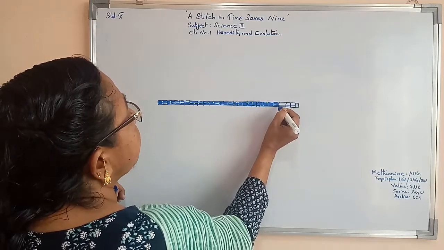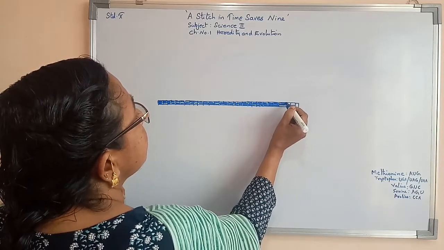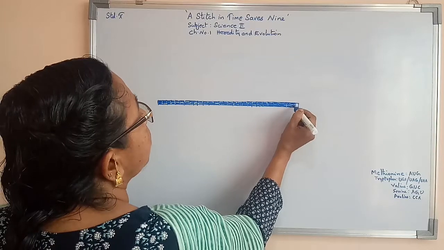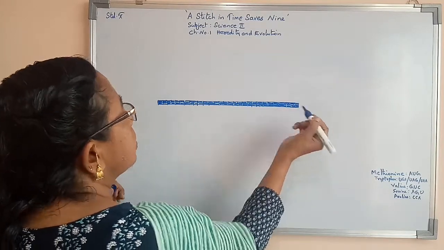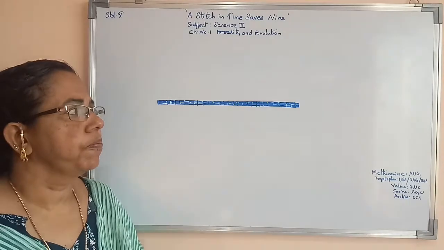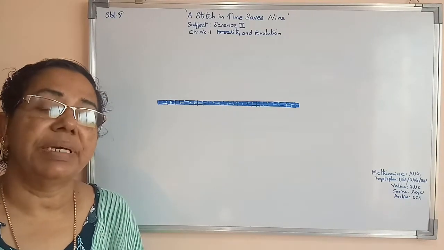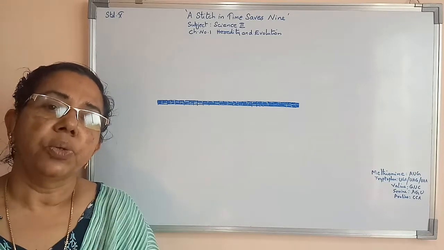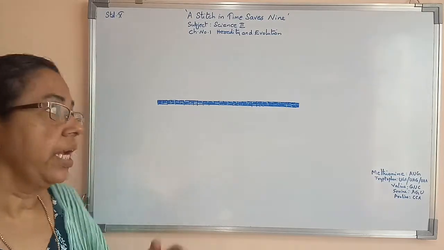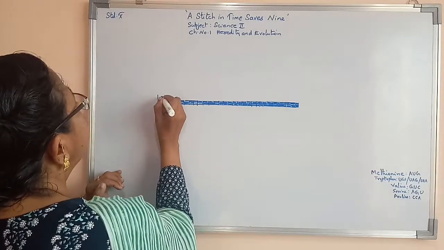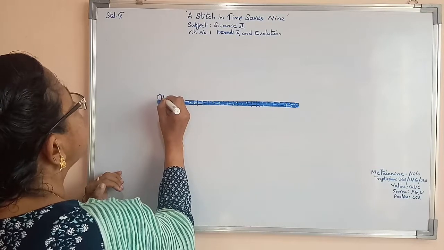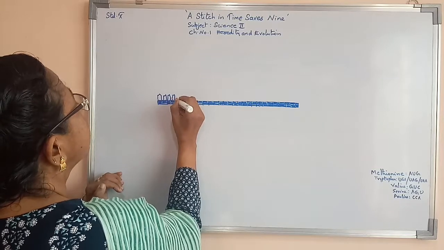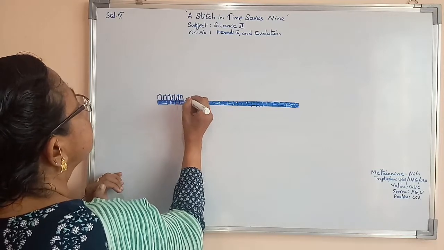Then messenger RNA brings messages from the nucleus into the cytoplasm. So messenger RNA carries messages from the nucleus into the cytoplasm. Now here this messenger RNA will have such a sequence, such a structure will be there.